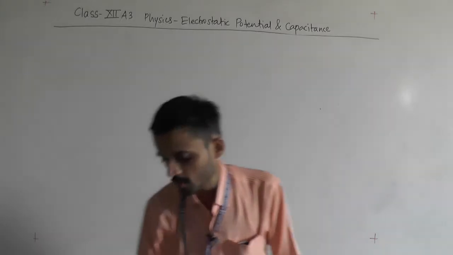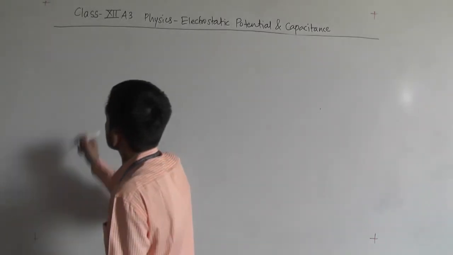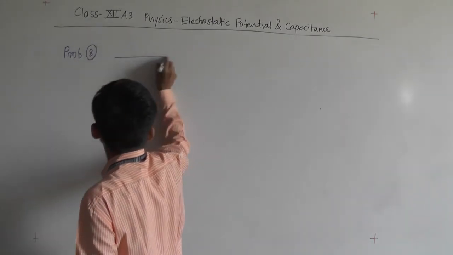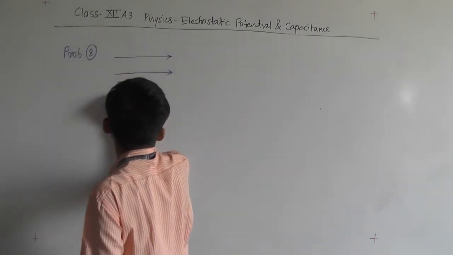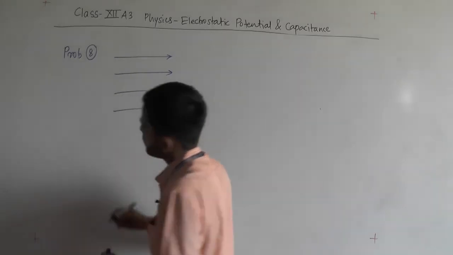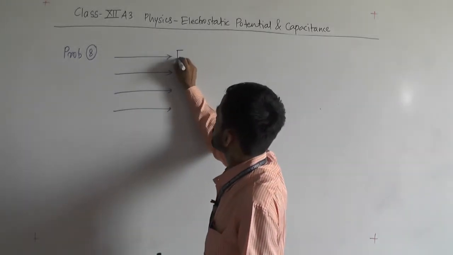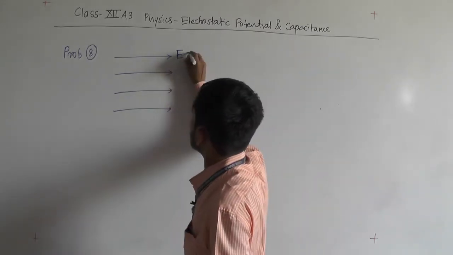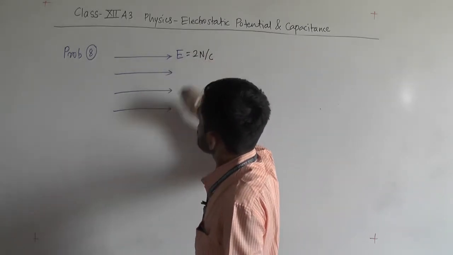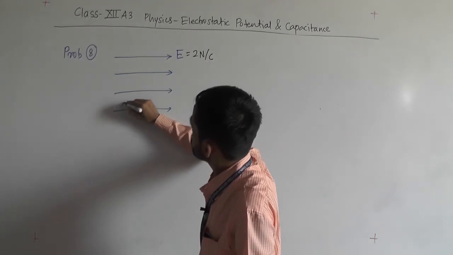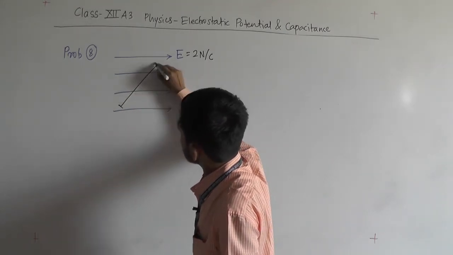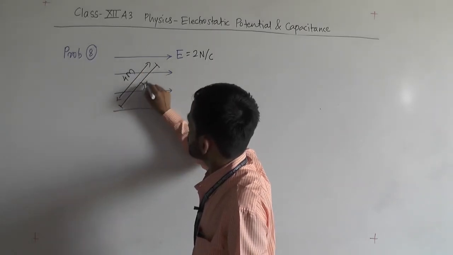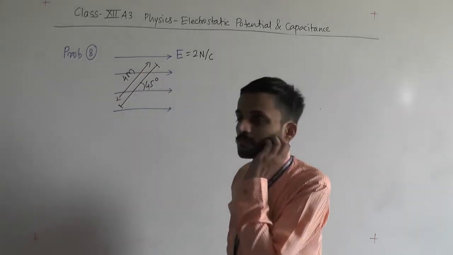So, suppose problem number 8. Suppose electric field is like this, okay? This is E. Suppose this is 2 Newton per Coulomb, and I am moving my charge here with the distance, suppose 4 meter, and this angle is 45 degree.